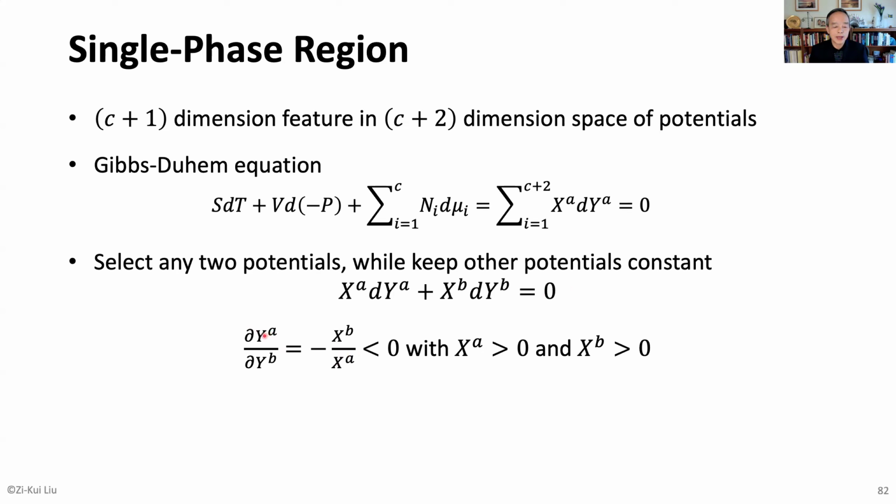The derivative of ya with respect to yb equals minus xb divided by xa. And this is less than 0 because the molar quantities themselves are positive, right? Positive entropy, positive volume, positive moles. So the derivative between any two potentials would be negative.